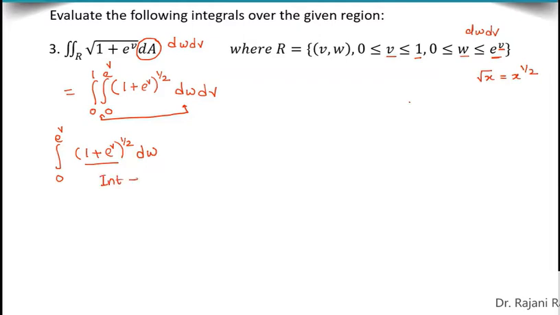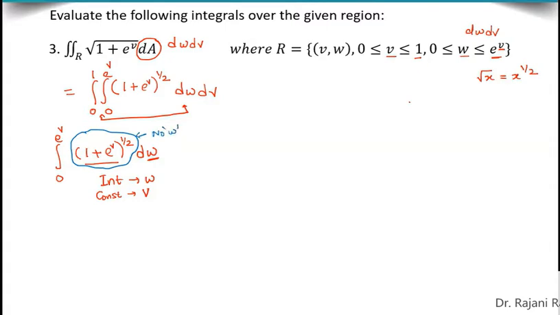Here we are integrating with respect to which variable? W. So it means the other variable is constant. So what is the other variable? So the other variable, which is v, is constant. This means this entire term is a constant. So you don't have to integrate it. And here there is no w.